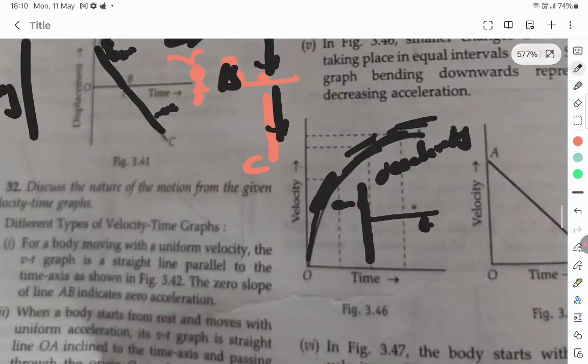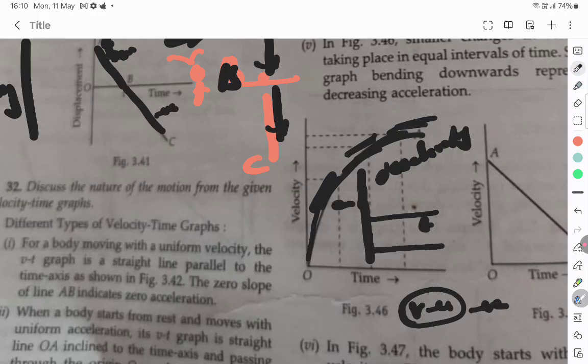It's decelerating. The velocity is decreasing with time. It means decelerating. So change in velocity, final velocity minus initial velocity, will become negative, no? So the acceleration time graph will be negative for this.